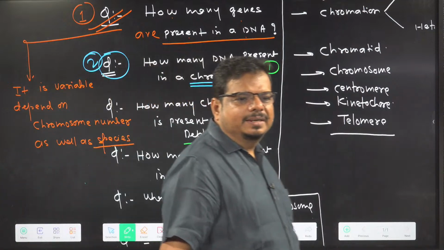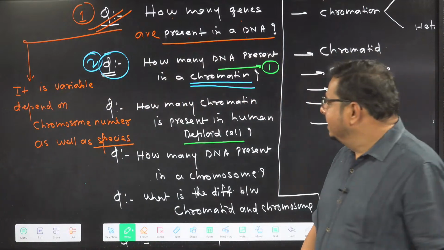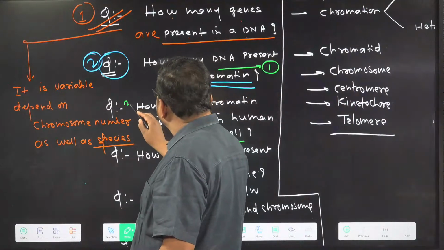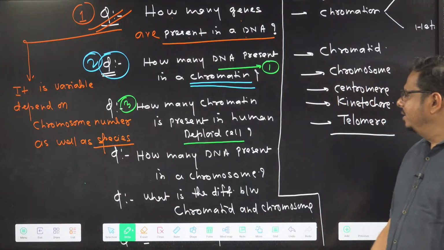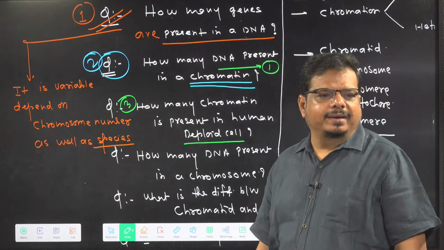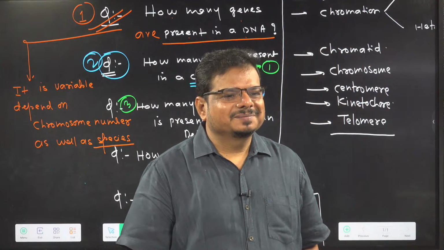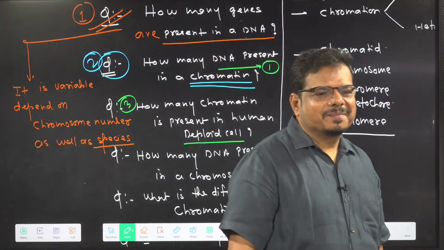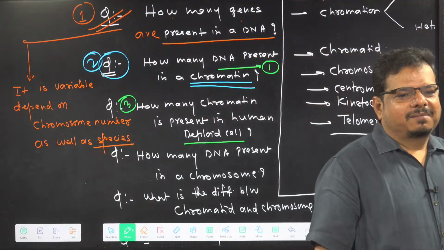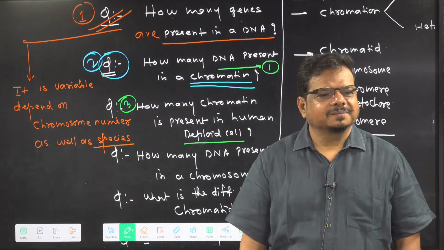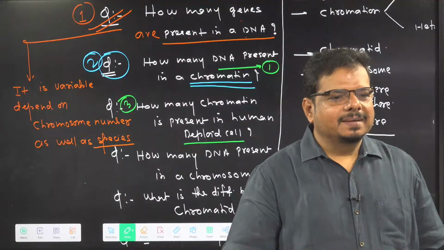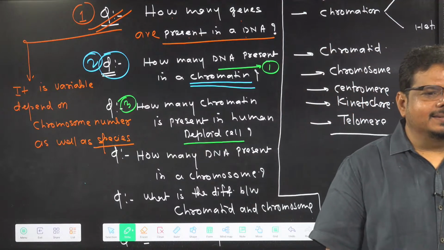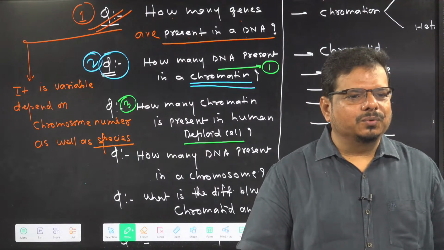Next, how many chromatin is present in a human diploid cell? What answer will you give? Think of it as the third question. How many chromatin is present in a human diploid cell? Many answers are coming in favor of 2.